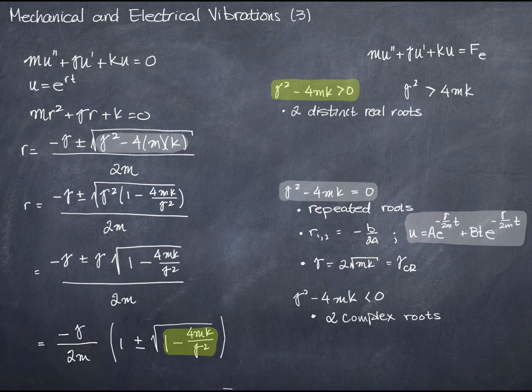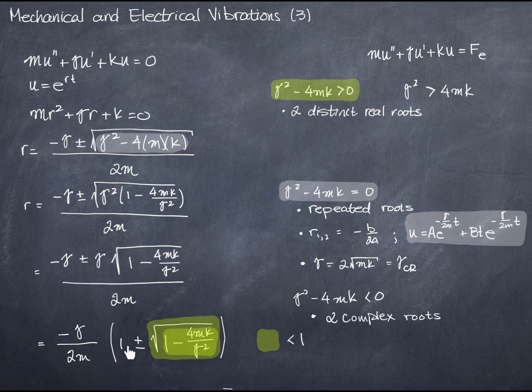The value I get by doing that is going to be less than 1. The thing inside the square root there is going to be less than 1. Well, when you take the square root of a number less than 1, you get a number less than 1. So that means the entire square root is going to be less than 1. So if this is some number less than 1, if I take 1 and add a little bit to it, I'm going to get something less than 2.